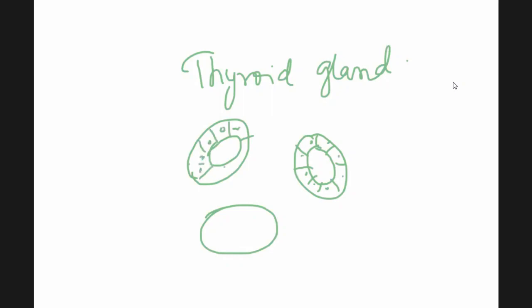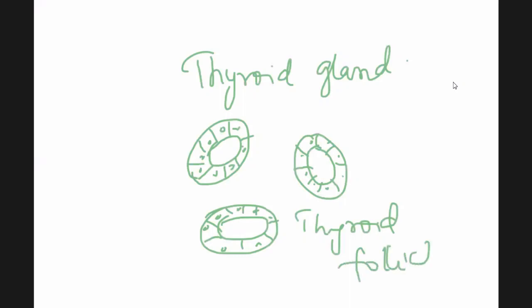These secrete thyroxine hormone. These are called thyroid follicles or vesicles. A follicle is a ball of cells that you will come across in the thyroid gland later when you study about humans.